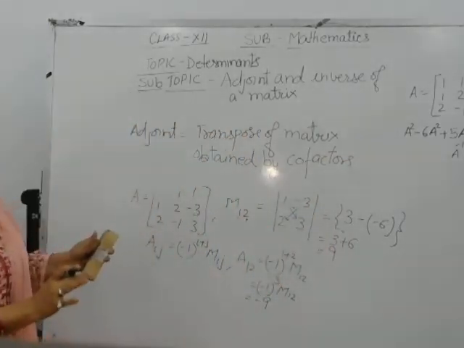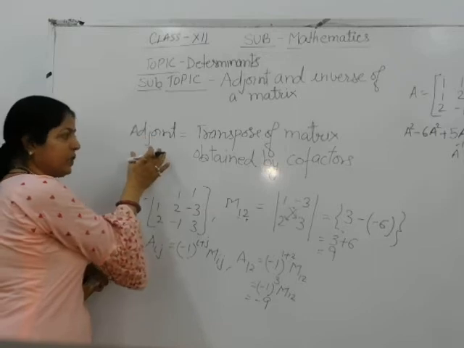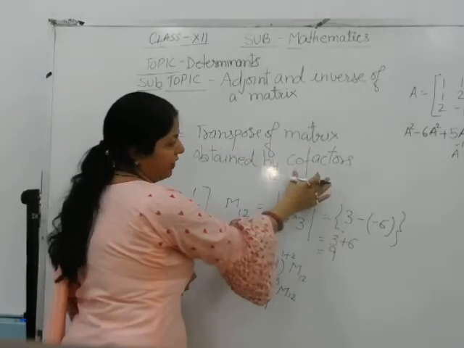Now we know how we can find the cofactors. So to get the adjoint, we first need to know about the cofactors.